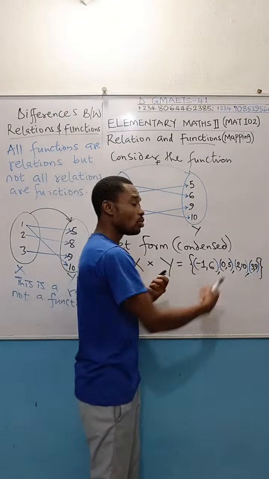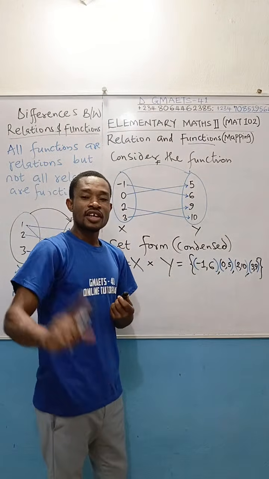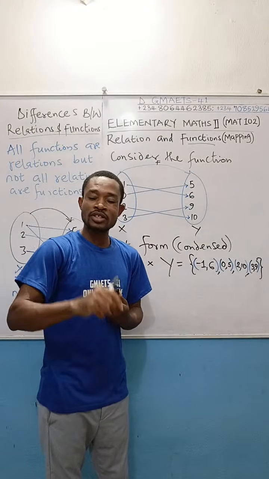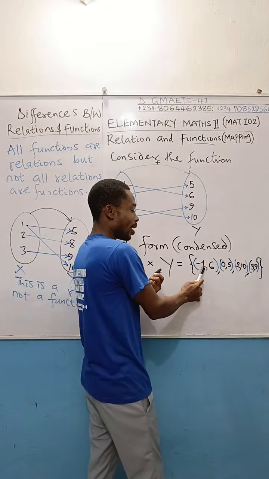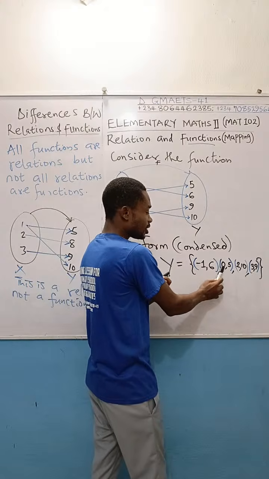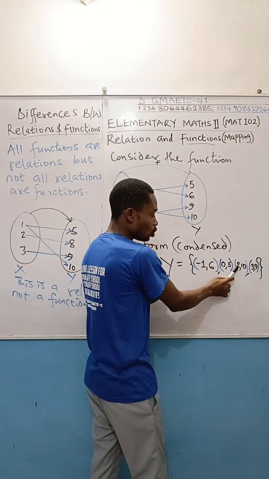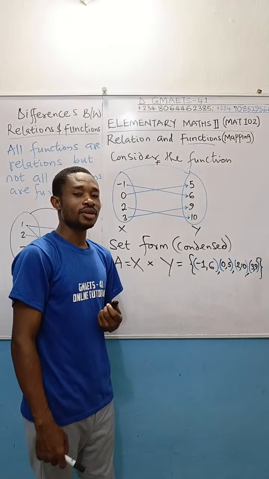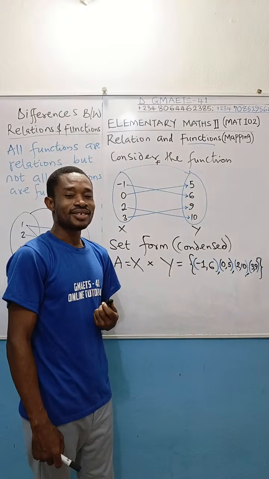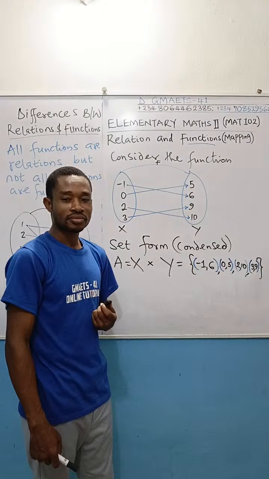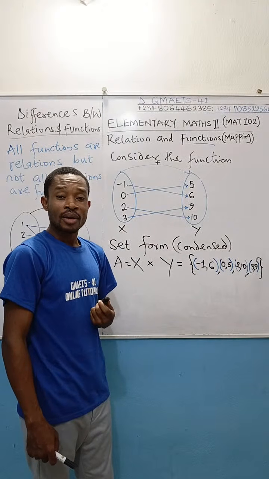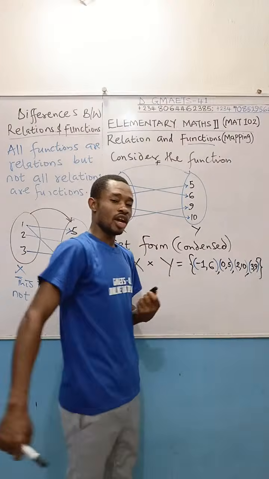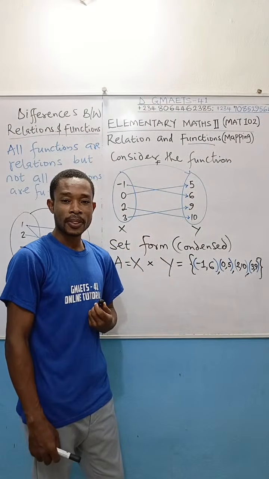If there is no repetition of any element of the domain, as in this case, -1 did not repeat anywhere, 0 did not repeat anywhere, 2 did not repeat anywhere, 3 did not repeat, then that's good. This is a function, because no element of the domain was repeated.